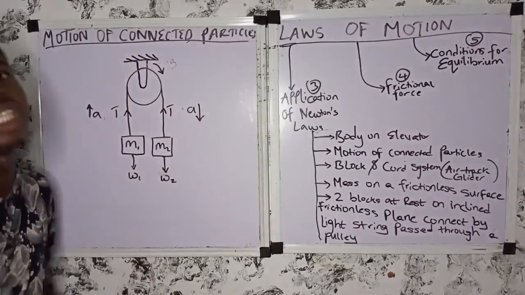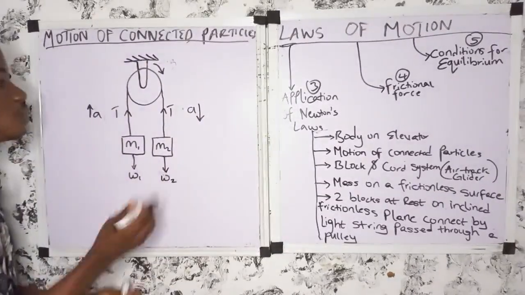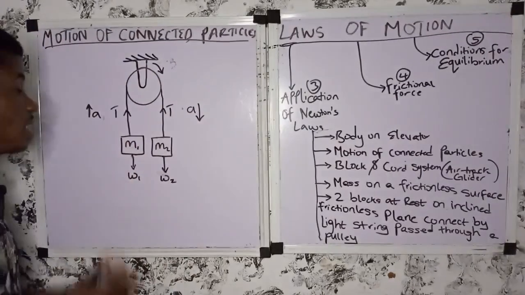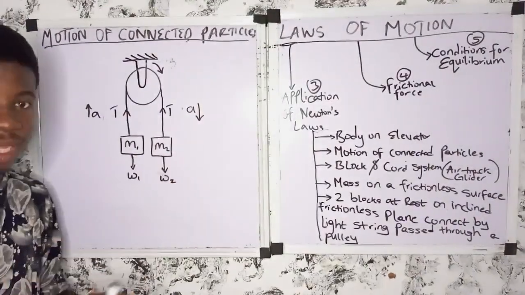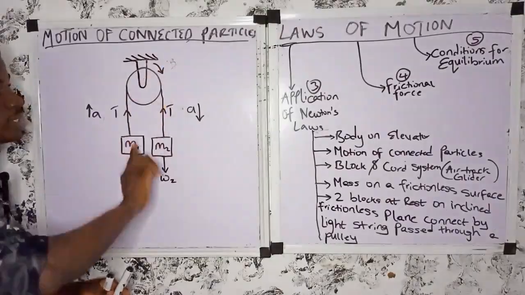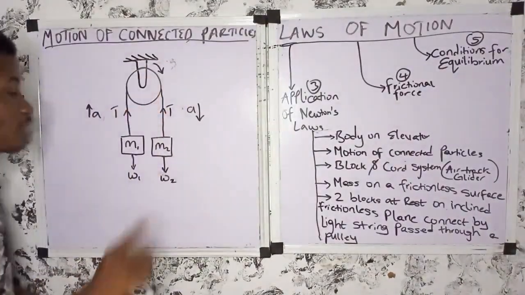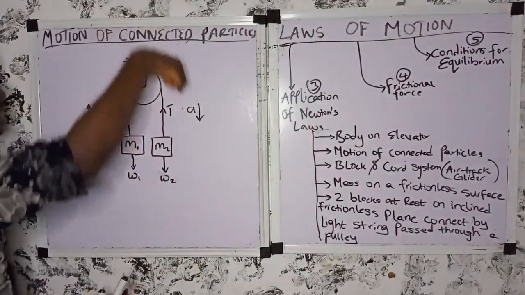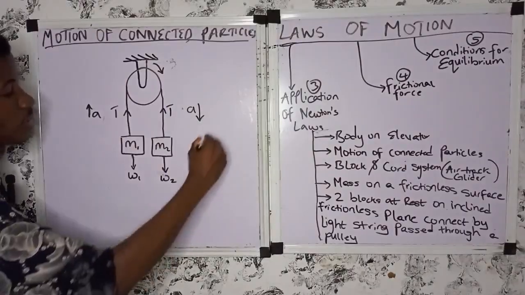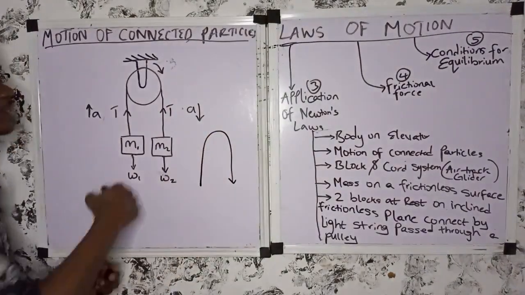The direction of the heavier mass. In this case, M2 is the heavier mass, so the direction is like this.